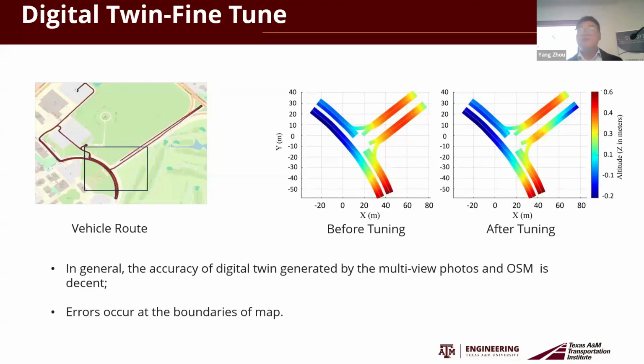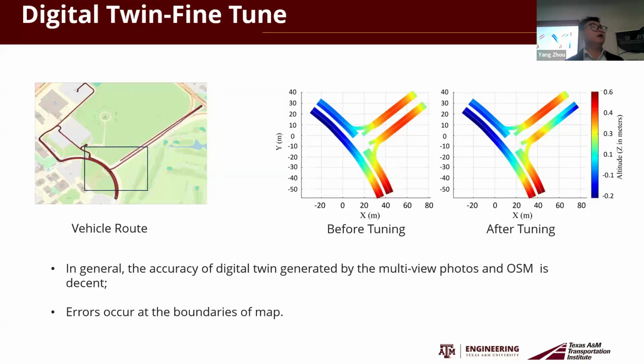And we further validate the maps or the background with vehicle multi-sensors as the ground truth, and we find that the accuracy of the digital twin generated from multi-view photos and OpenStreetMap is very decent, and errors only occur at the boundaries of the map due to the photogrammetry applied in the system.